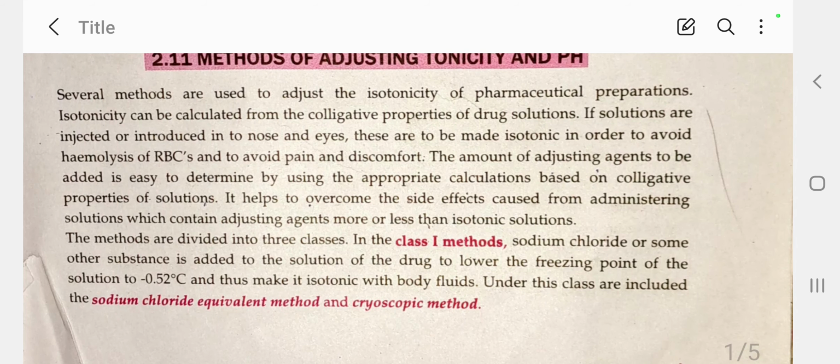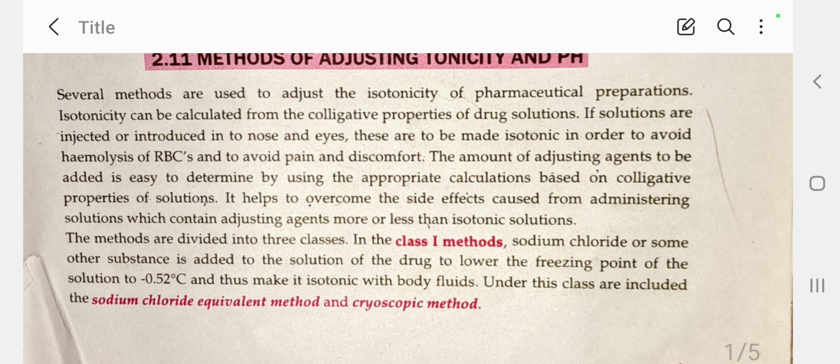The first method is known as class 1 method. Under that they are again classified into two more methods, that is sodium chloride equivalent method and cryoscopic method. By using this class 1 method, sodium chloride or some other substance is added to the solution of the drug to lower the freezing point of the solution to 0.52 degrees Celsius, and thus make it isotonic with the body fluid.